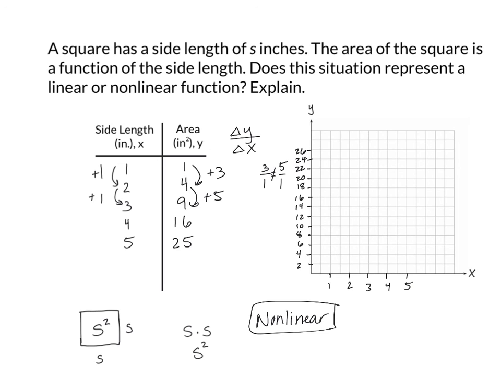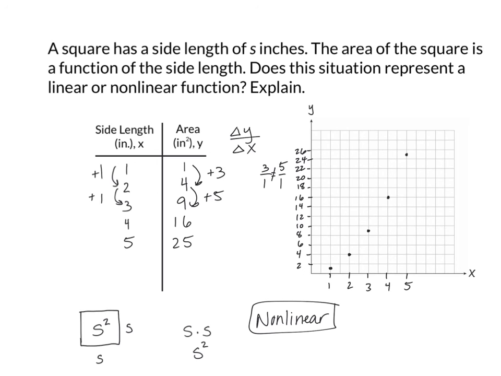Now let's graph those ordered pairs. So 1, 1 would be right here. 2, 4 would be here. 3, 9 would be here. 4, 16 is there. And 5, 25 would be right there.